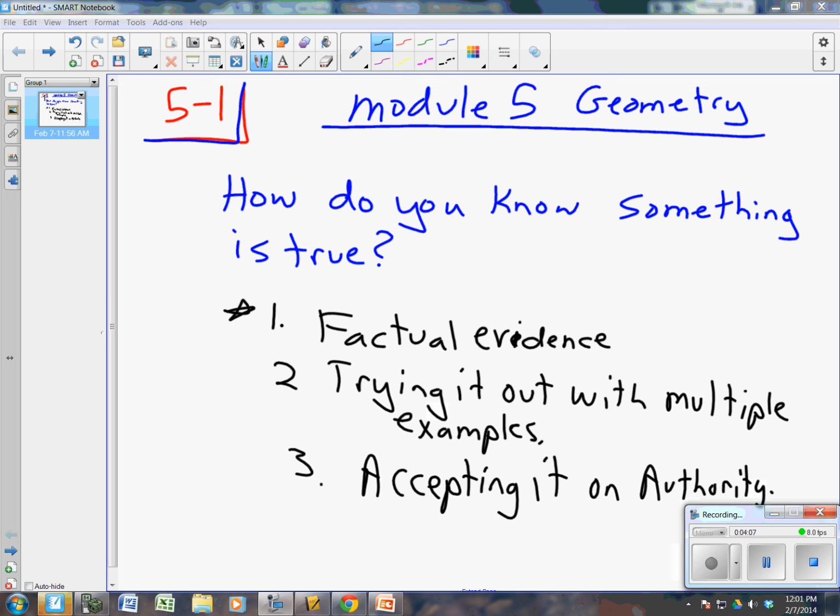Okay? Got one more way. And this one's probably not a whole lot different than the other ones. The last one is making an argument based on a diagram or representation. Okay? So, making an argument based on a diagram.